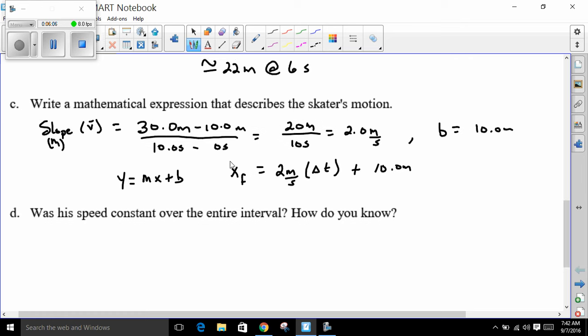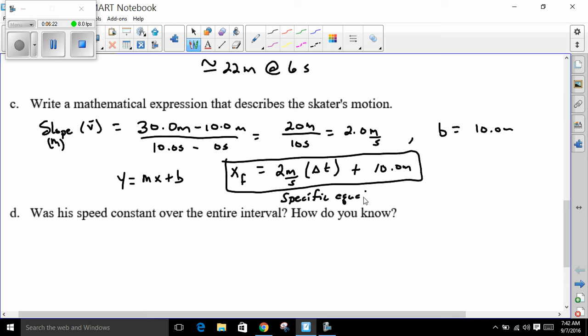That would be a very specific equation for this line because we have 2 meters per second and 10 meters. And what it's specific to is the motion of Robin, the roller skater.